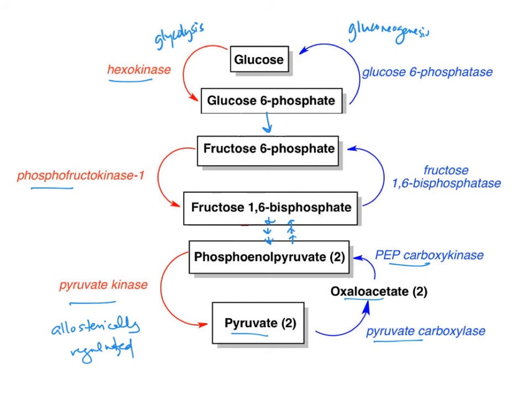Using the same enzymes as are used in glycolysis, we can produce fructose 1,6-bisphosphate. With fructose 1,6-bisphosphatase, we can then produce fructose 6-phosphate, which can be converted back to glucose 6-phosphate, and ultimately glucose 6-phosphatase allows us to rebuild glucose, which can go off into the bloodstream as needed.